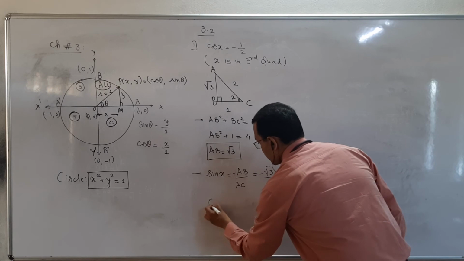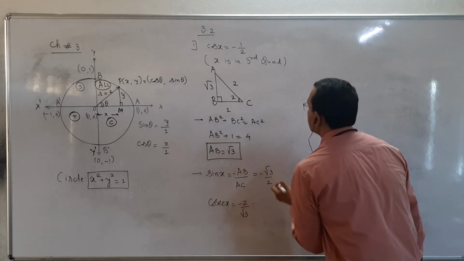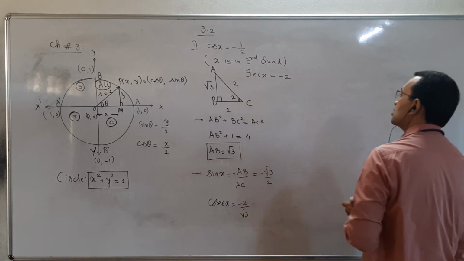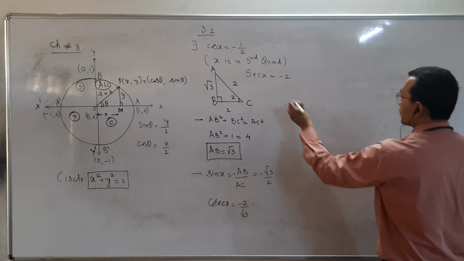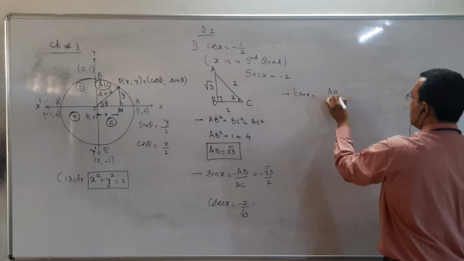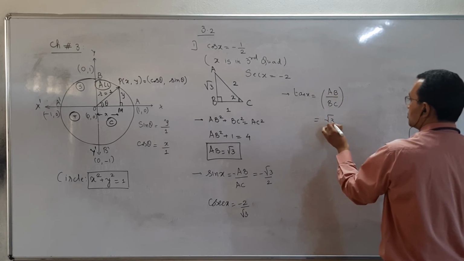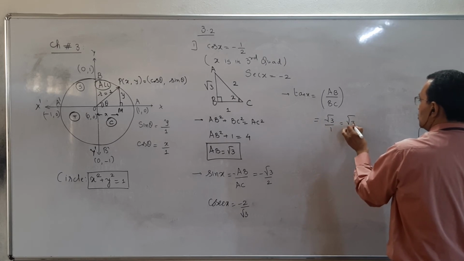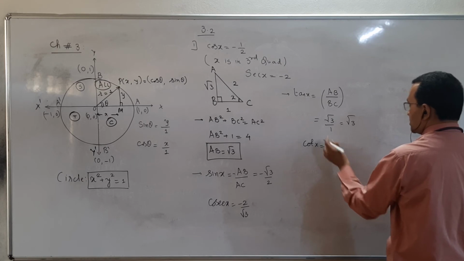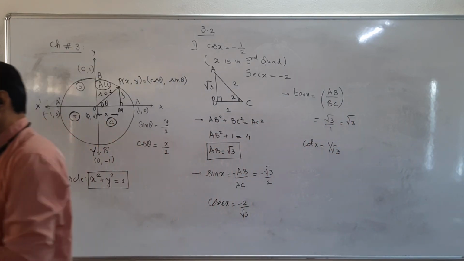Immediately you can write cosec x will be minus 2 by root 3, and here also immediately you can write sec x is equal to minus 2. Now, tan x is equal to AB upon BC, third quadrant, so positive, so root 3 by 1, so root 3, and cot x is reciprocal, so 1 by root 3. Check these two bear a positive sign, and the remaining are negative.